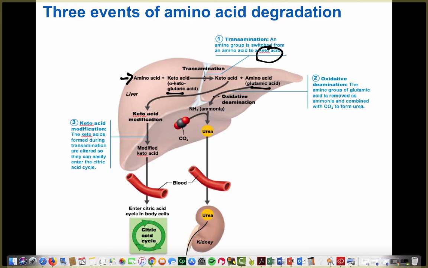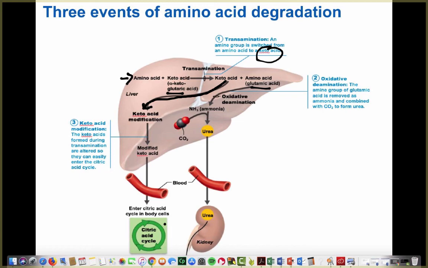And so what's going to happen here is that you can see once this amino acid and this keto acid combine together, the keto acid can be modified to fit into the TCA cycle, right? And then in this other part of the reaction, the amino acid in the form of glutamic acid ends up going through oxidative deamination here.